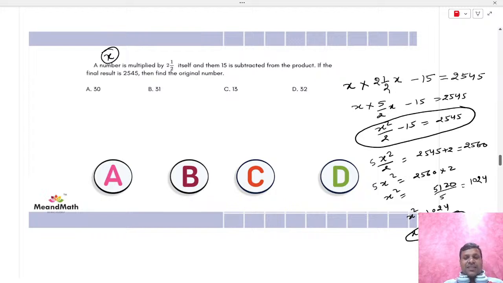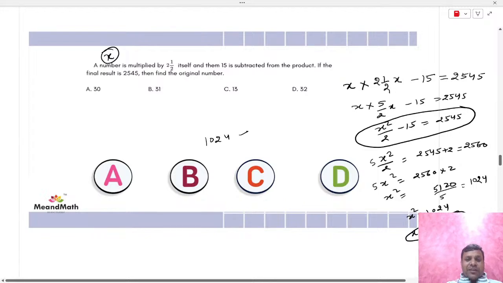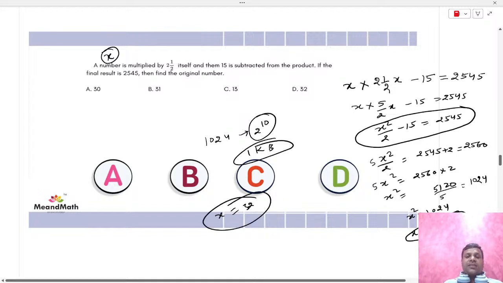Yes, 32 is the correct answer. 1024 is 2 to the power 10, 1 kilobyte. So x is equal to 32. Square root of 1024 is 32. So the answer is 32. D option is the correct answer.